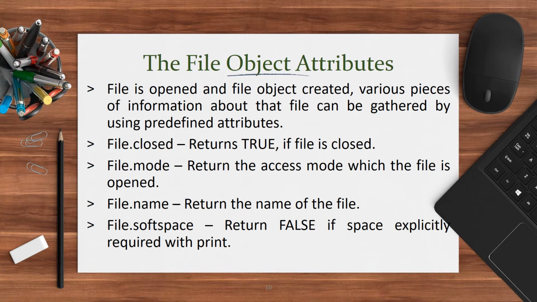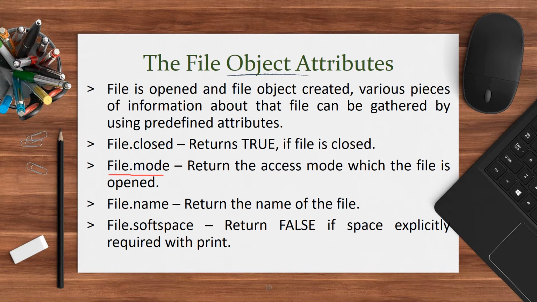The next one is file object attributes. Once a file is opened and a file object is created, various pieces of information about the file are gathered by using some predefined attributes. Here we have 4 types of attributes. First one is file dot closed, which returns true if the file is closed, otherwise it returns false.